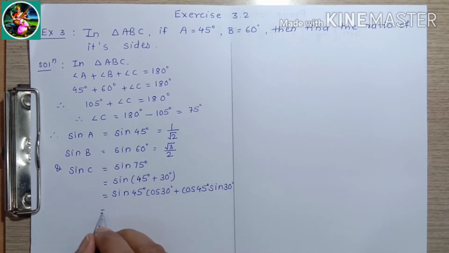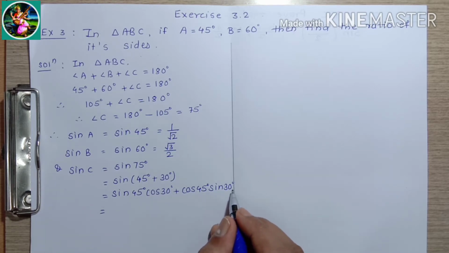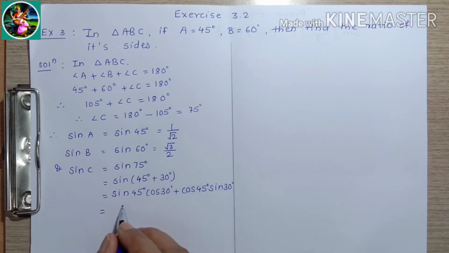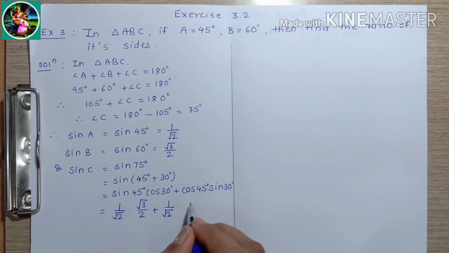We substitute the values: 1 upon root 2 into cos of 30, which is root 3 divided by 2, plus cos of 45, which is 1 upon root 2, and sine of 30 degrees, which is 1 upon 2.